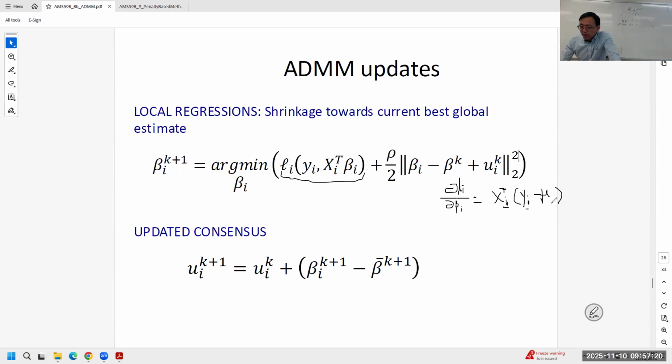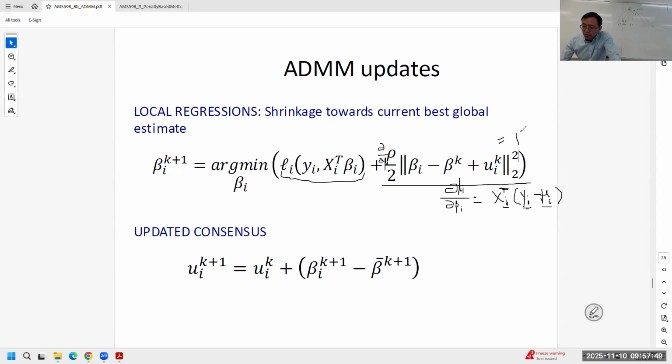So this is mu_i. They are all vectorized, right? The X_i is your matrix, y_i is a vector for the whole data, mu_i is the mean for the whole data. Then you have the derivative of the second term. It is so hard to write with the mouse, so I just want to give the idea.